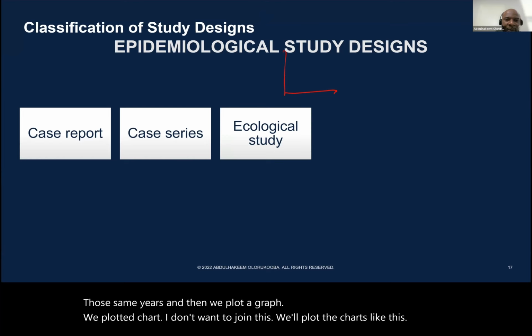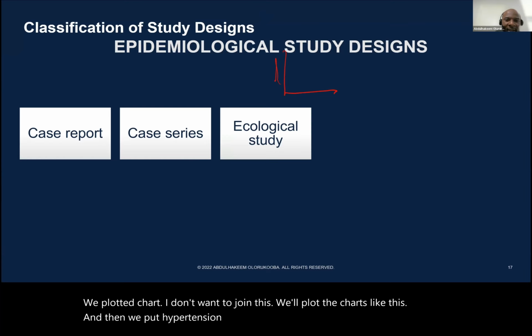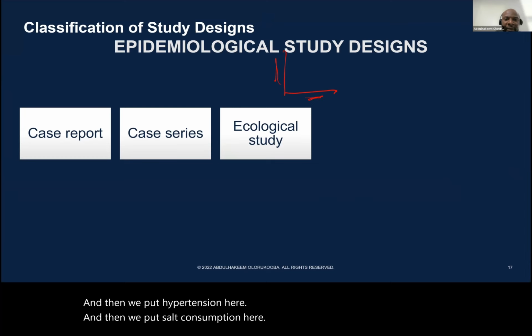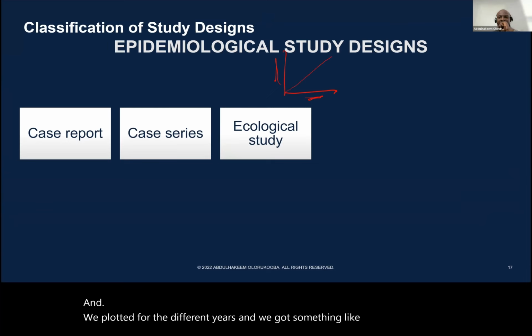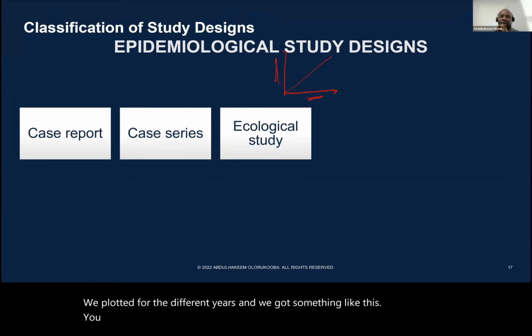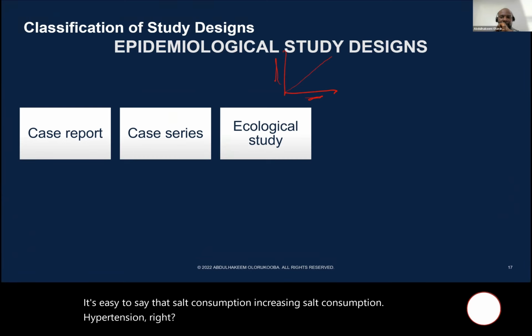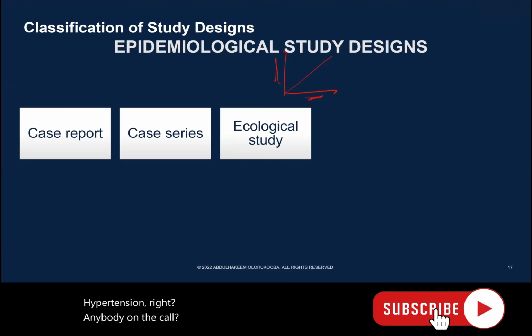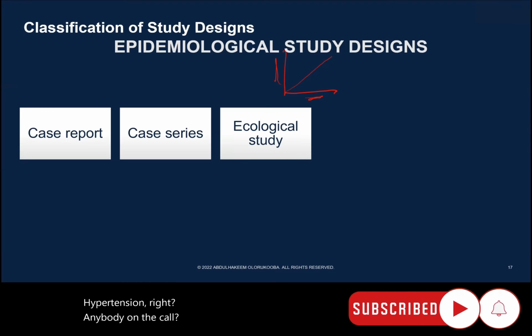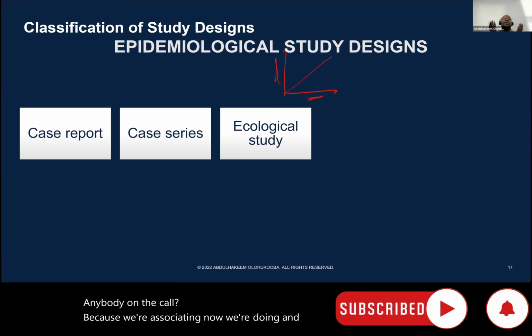We put hypertension here and salt consumption here, for the different years, and we got something like this. It's easy to say that increasing salt consumption causes hypertension, right? Anybody on the call? Yes, sir. Yeah, because we're associating now, and that's why this study is called a correlation study.